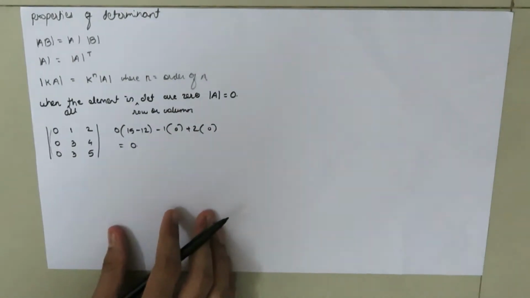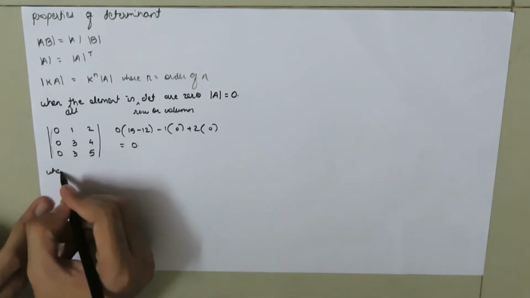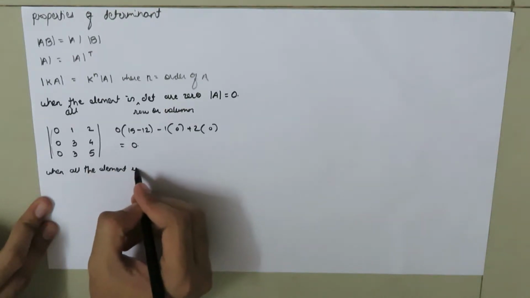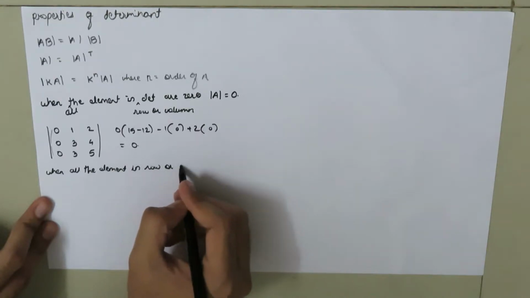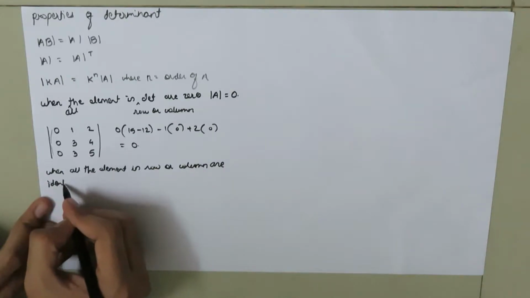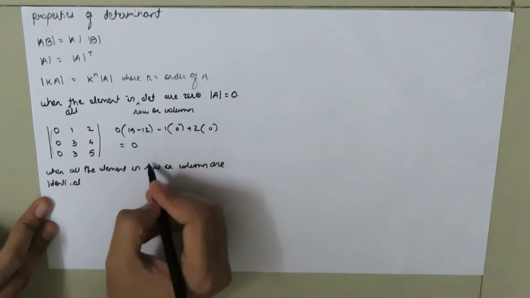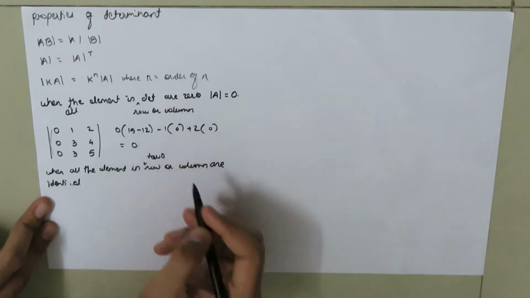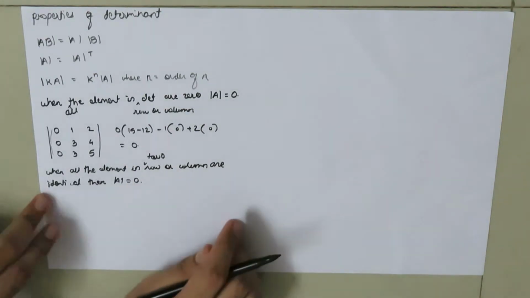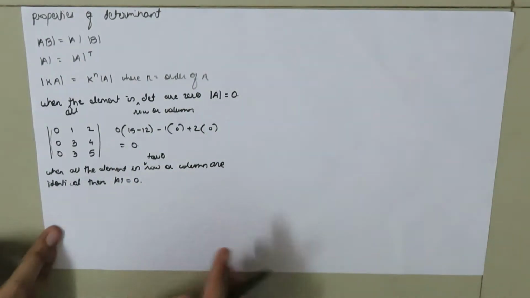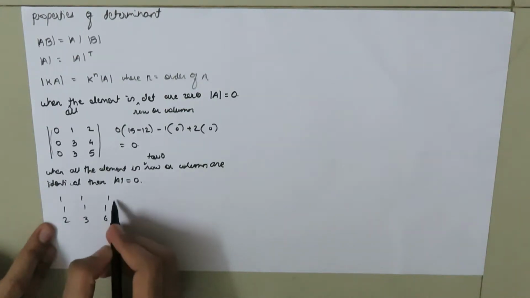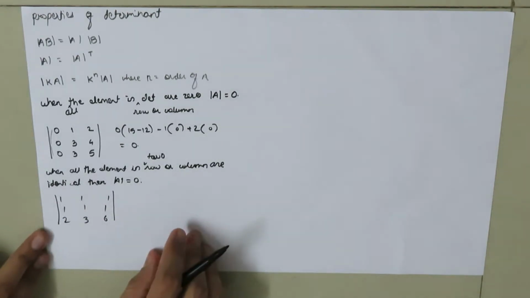And another property we have, when all the elements in two rows or two columns are identical, then the value of the determinant is also equal to 0. Let's verify this. So if you have 1 1 1, 1 1 1, 2 3 6, then the value of the determinant must be equal to 0.